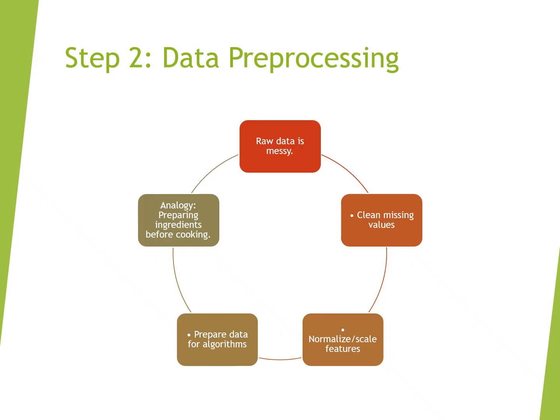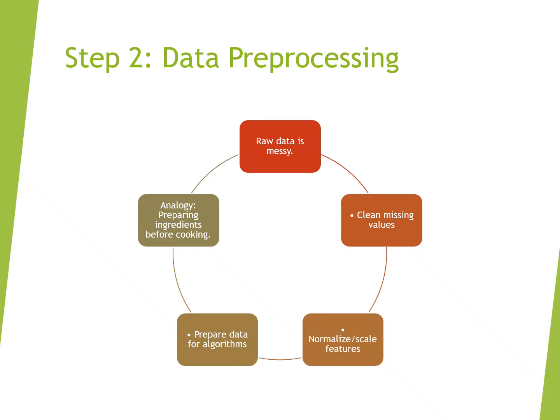The real reason we do data pre-processing before we train the model is that we have to prepare that data. One analogy, as you can see on the left side, is that before cooking, you prepare the ingredients and then you actually start cooking. Raw data is always not clean, it's always messy.